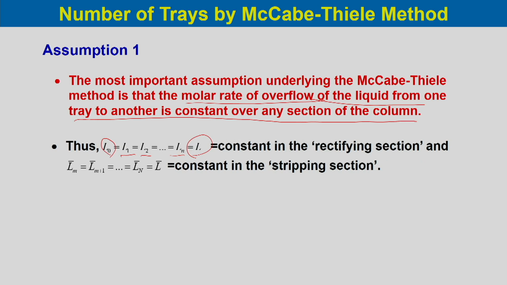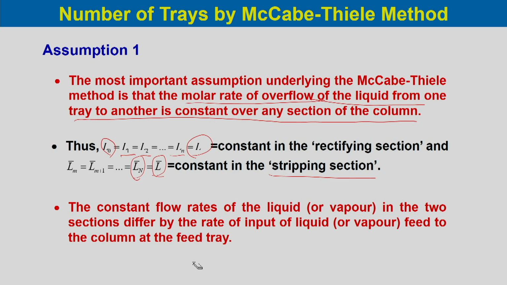In the rectifying section the trays may be numbered 1, 2, 3 up to n, so the liquid flow can be termed as L in the rectifying section. Similarly, in the stripping section, that is below the feed tray, we can name the flows Lm bar, which would be equal to Lm+1 bar and up to LN, capital N, and that should be equal to L bar, which is constant in the stripping section.